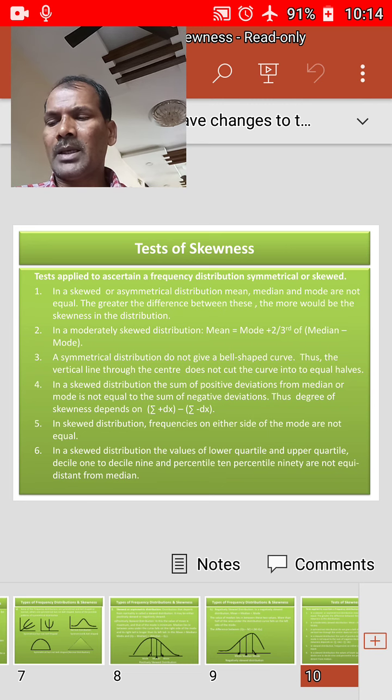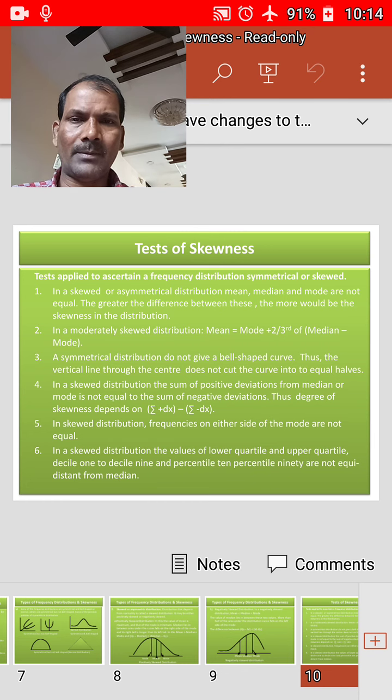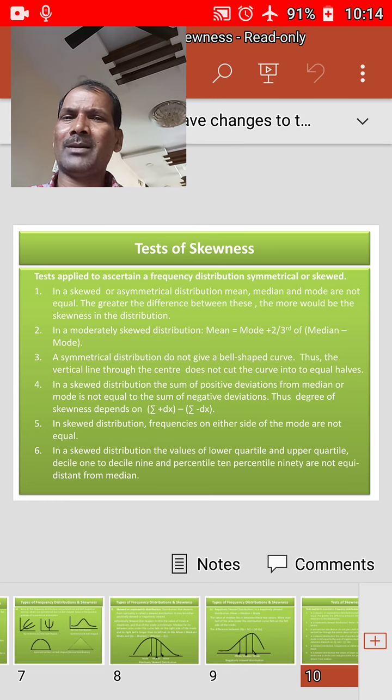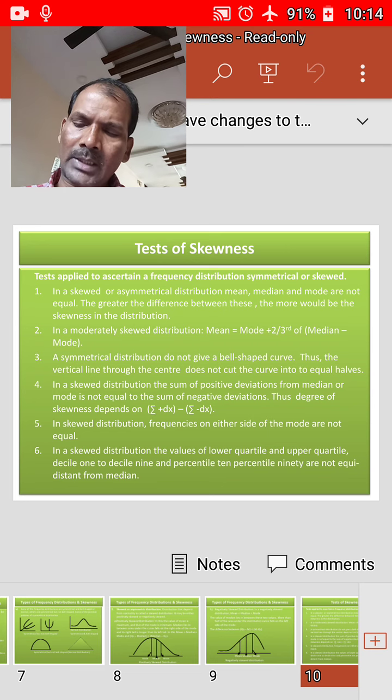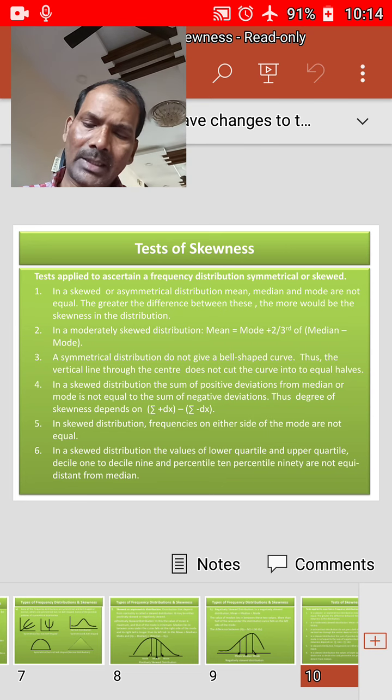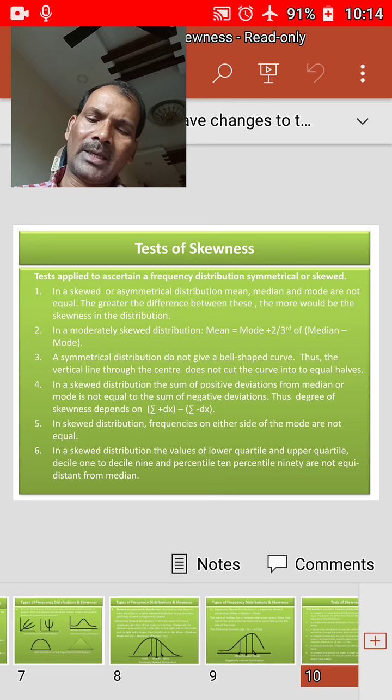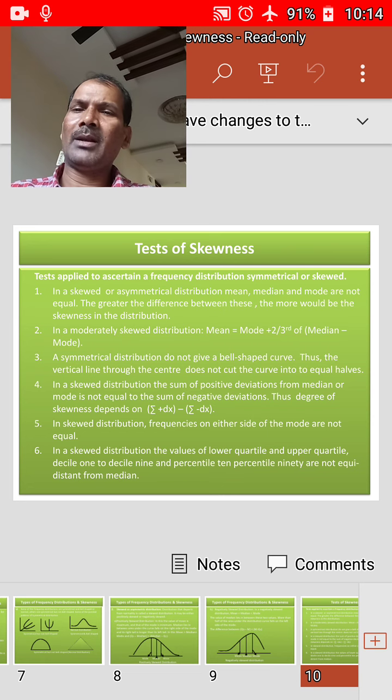And the next one is that in a skewed distribution, frequencies on either side of the mode are not equal. If they are equal, it is bell-shaped and symmetrical. In a skewed distribution, the values of lower quartile and upper quartile, decile 1 to decile 9, and percentile 10 to percentile 90 are not equidistant from the median.